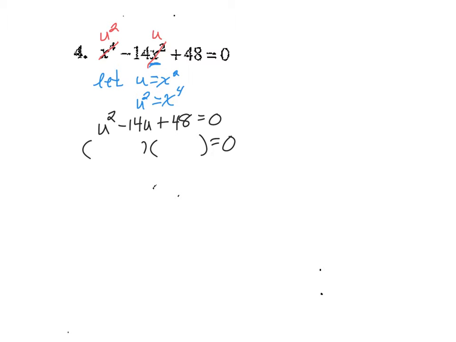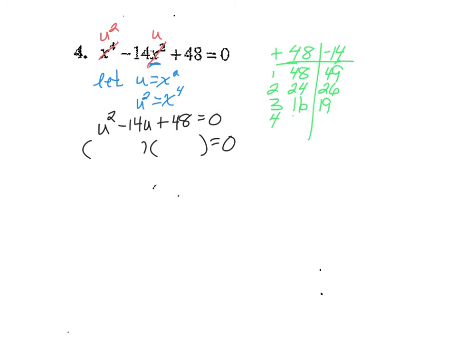Well, let's figure them out. So our 48 is positive, so we're adding those factors, and we're looking for a negative 14. All right, so 1 and 48 add to give me 49. 2 and 24 add to give me 26. 3 and 16 add to give me 19.